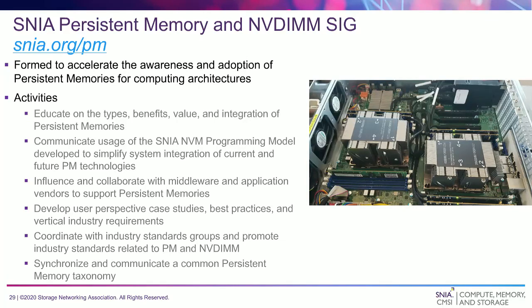So, for instance, something like an Intel Optane data center memory will use the persistent memory development kit just like the NVDIMMs do as well. And so any of those technologies can actually use and will perform adequately using the same application.